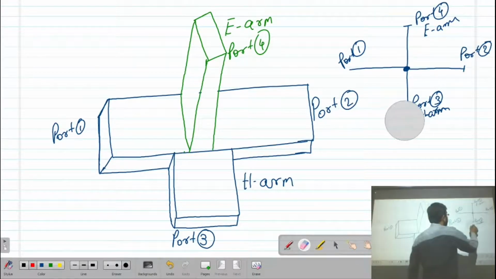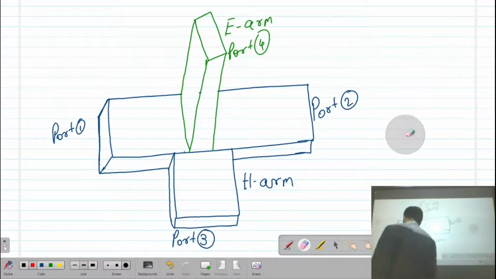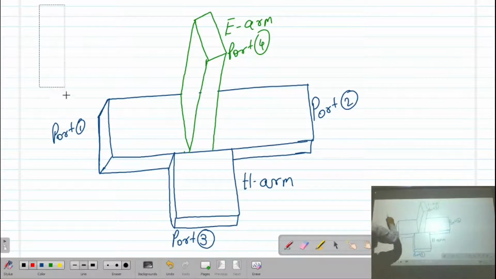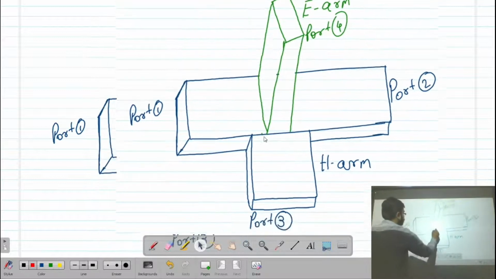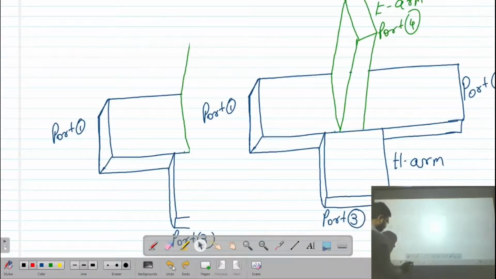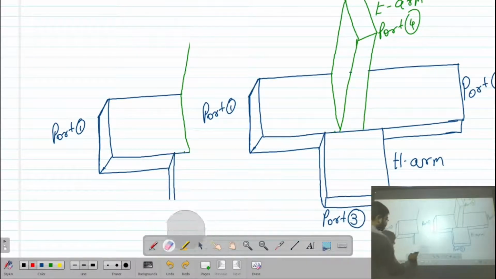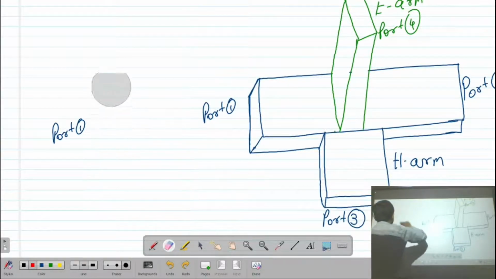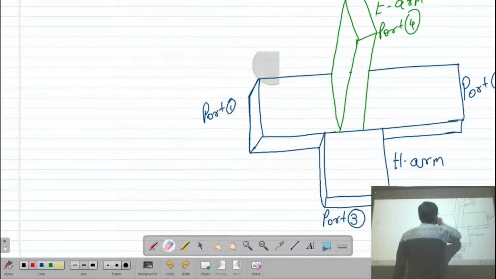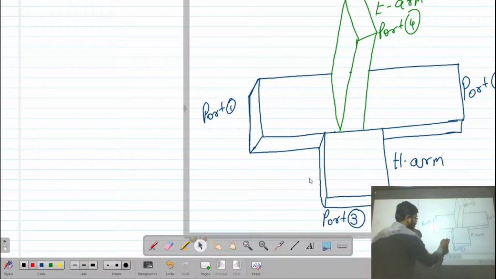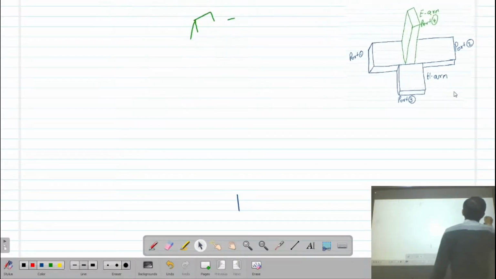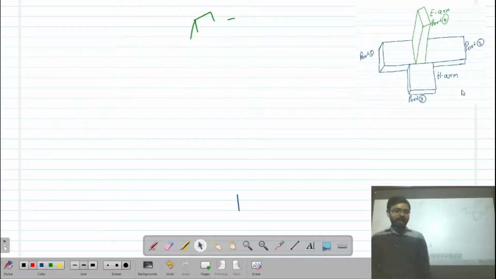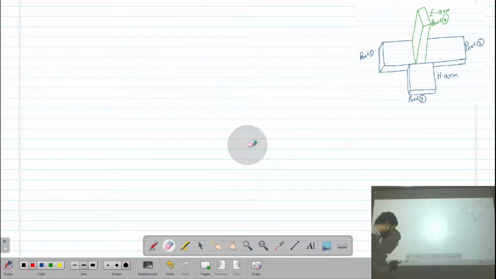To move ahead, we want to find out the relation between A and B. We will place this aside so that it is visible to us, and we will start the derivations for the S parameters.